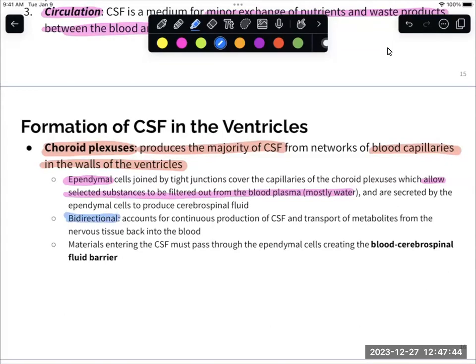So certain substances get secreted into the cerebral spinal fluid. Waste products are going to go back into the bloodstream. For something to get into that cerebral spinal fluid, it has to pass through those ependymal cells. So we have a blood cerebral spinal fluid barrier even. This is helping to protect our brain from harmful substances.